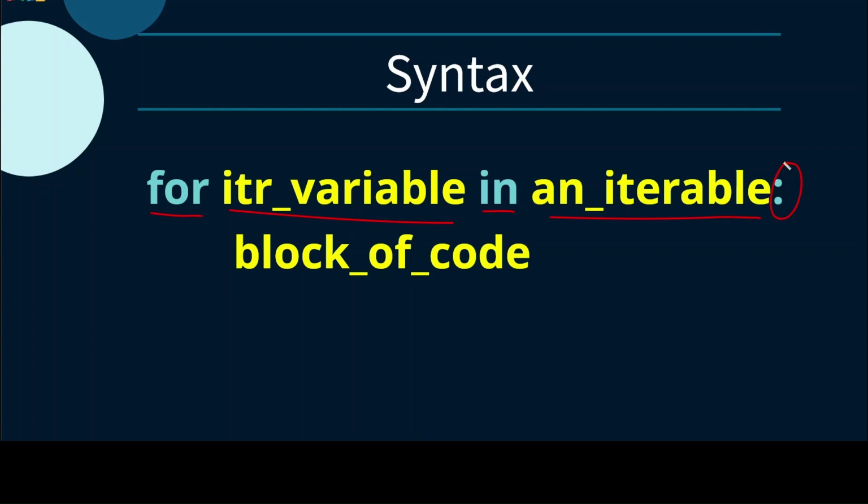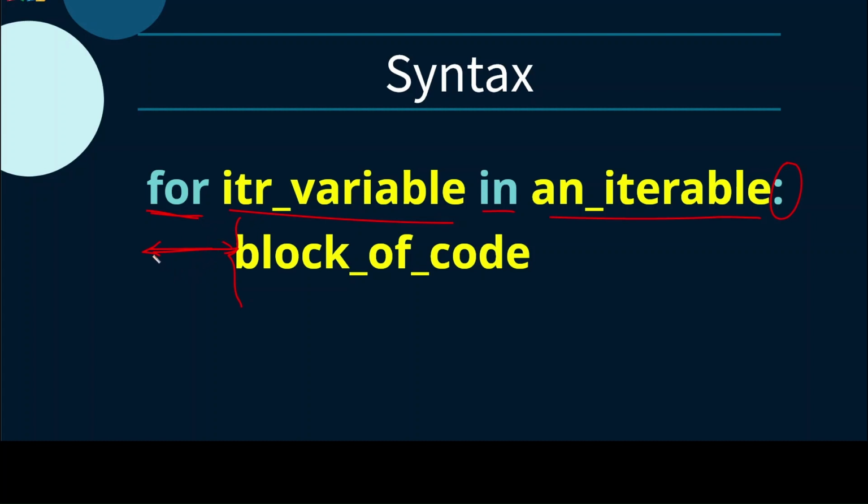Then in new lines, after giving some indent, this is the indent. It indicates that the following code is within this for loop. This indent indicates that this block of code is within this for loop.